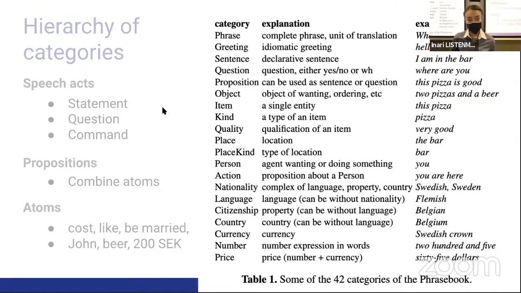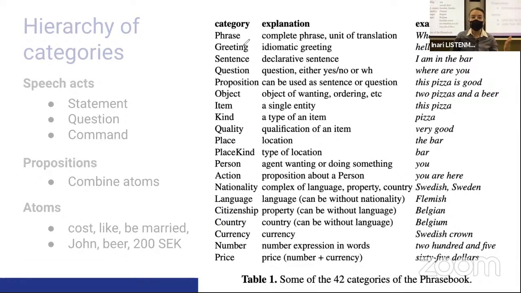So this is pretty fine-grained, because if we think of all of these things, like location, person, place, kind, citizenship, country, currency, these would all be just noun phrases. But these are now different categories here because they make a difference.